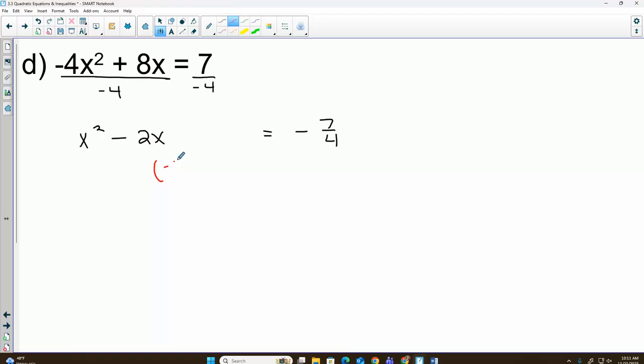So middle term, -2, divided by 2 and squared. So -2 divided by 2 is -1, -1 squared is 1. Okay, what does x squared minus 2x plus 1 factor into? x minus 1 squared. -7/4 plus 1.